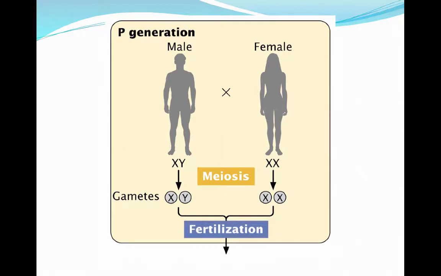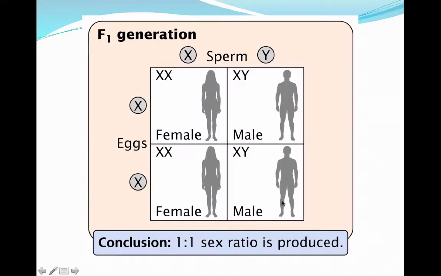The first one we're going to talk about is, just to give you a little bit of a basis, we'll come back to humans in just a little bit as well, but the parent generation is going to be determining the sex of the F1 generation. Like we said a couple of slides ago, our males are really the ones that determine the sex of the next generation because they're going to pass on either an X chromosome or a Y chromosome, whereas the female can only pass on an X. So in that F1 generation, we get a 50-50 ratio of male to female.